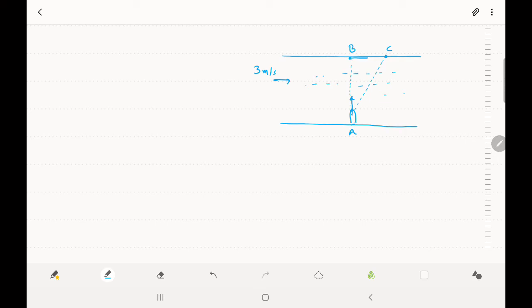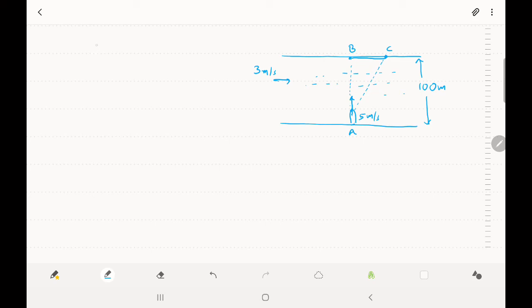Now the question is, if we know the width of the river, which is, let's say, 100 meters, and the speed of the boat is, let's say, 5 meters per second.